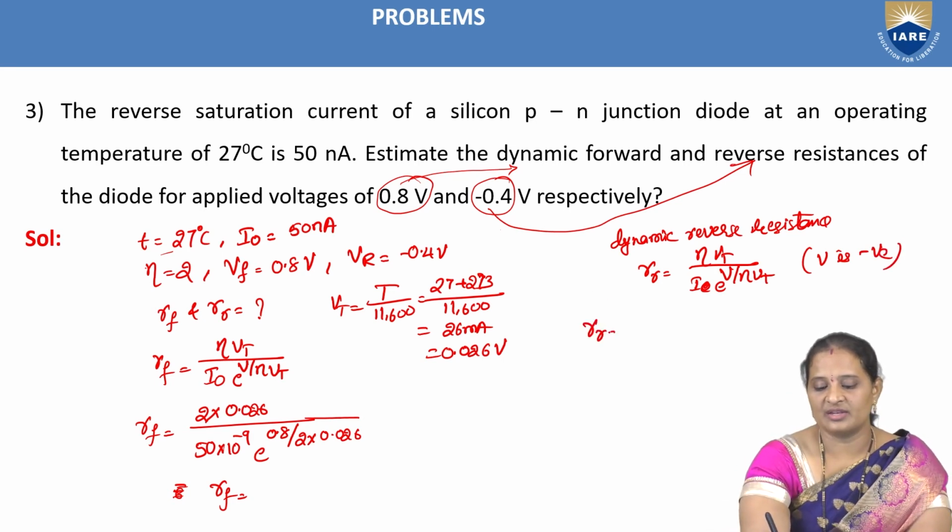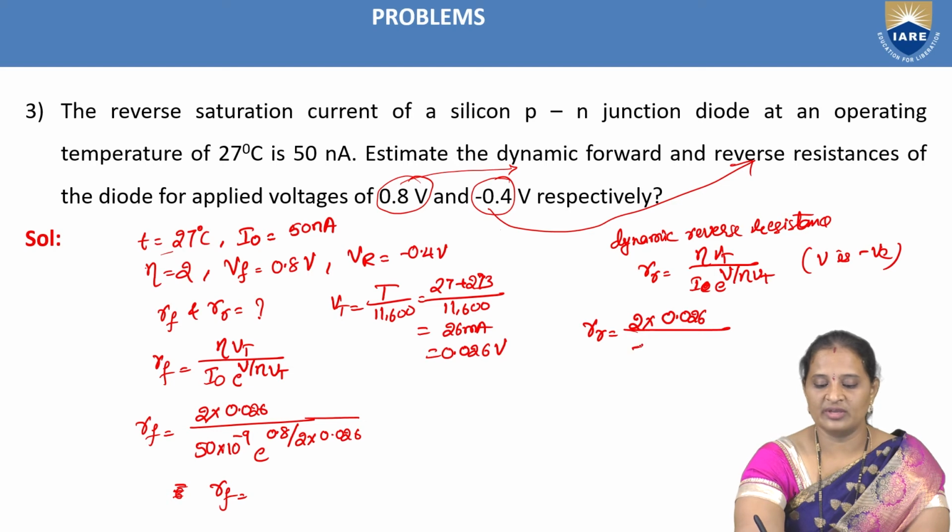Now calculate this value. Eta value is 2 and Vt value is constant because the temperature is 27 degrees centigrade, 0.026 divided by I naught value, which is 50 into 10 to the power of minus 9, e power minus 0.4 divided by 2 into 0.026.